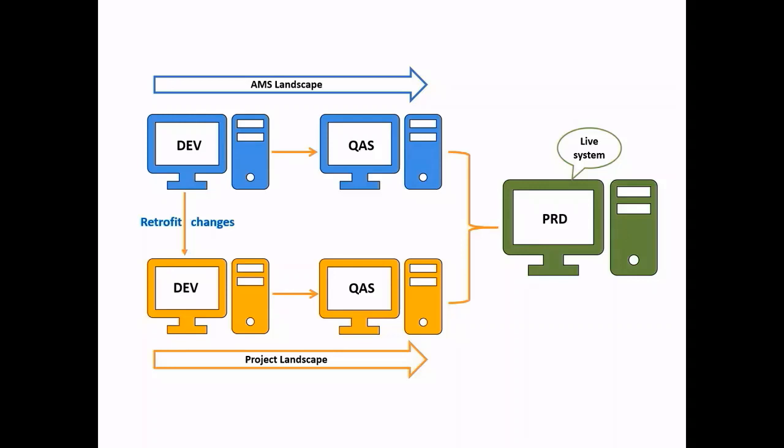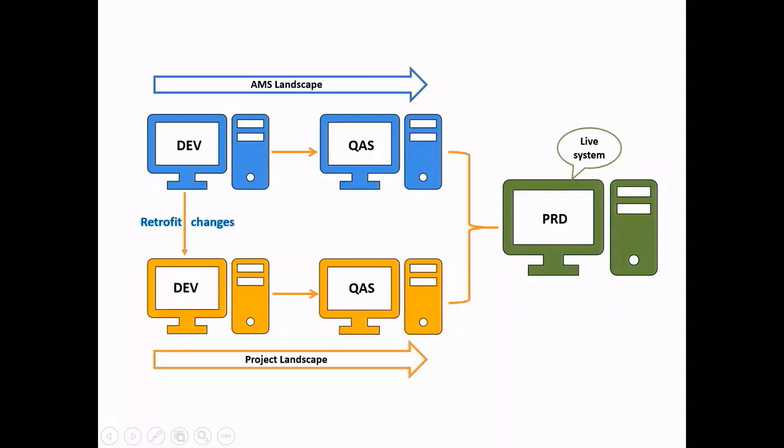For North America, they run the business as BAU, that's the AMS landscape. When they roll out the other regions, they can't make the changes in the AMS landscape. So in that scenario, they have to build a separate landscape for projects. The project team will build the new functionality, new company codes, whatever they're bringing for the new regions.